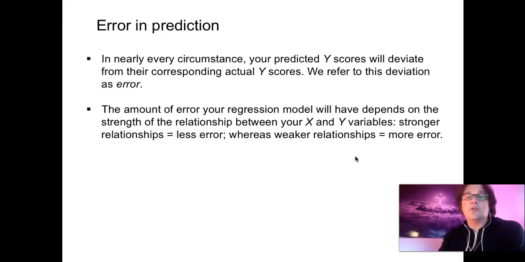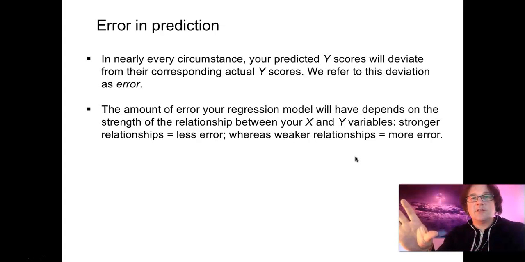We want to keep it low though, right? The amount of error that our regression model has depends on the strength of the relationship between X and Y. So the stronger the relationship or correlation between our X variable and our Y variable, the less error we're going to have in making predictions.